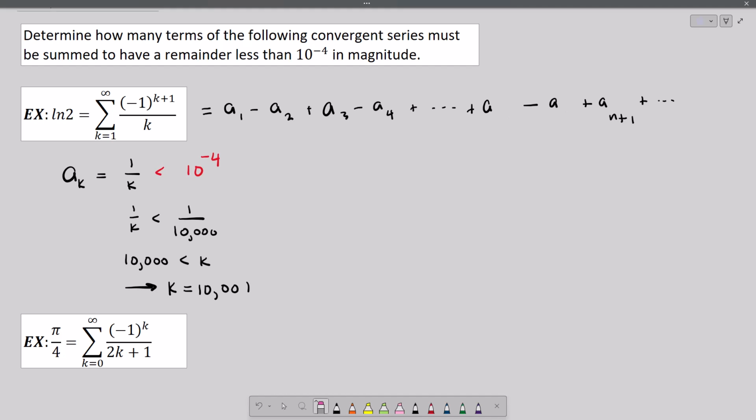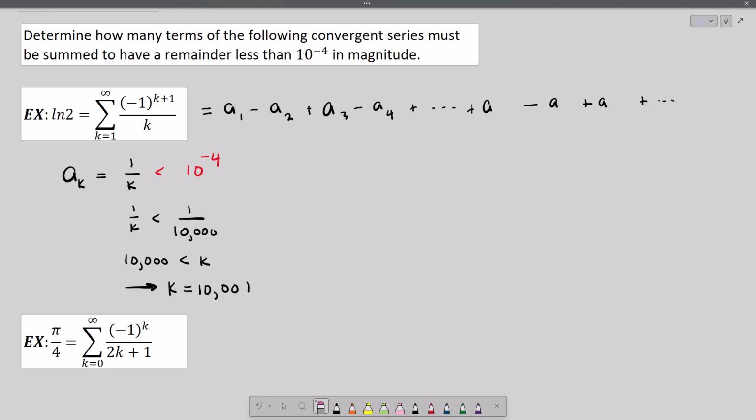So now I'm going to come back up here and let's re-envision what's happening. Let's change these subscripts now that we have an idea of what the k value should be. So when k is 10,001, first off, that's an odd number, and the odd indices should have pluses. So we're coming down here.